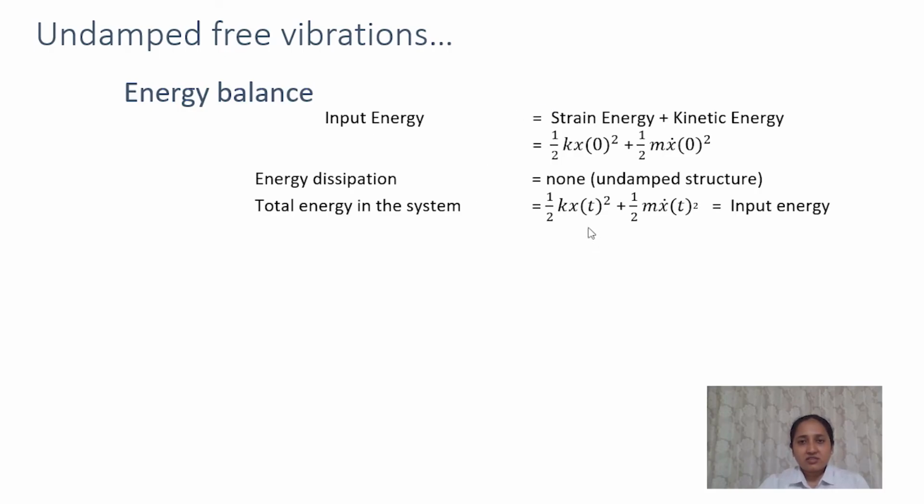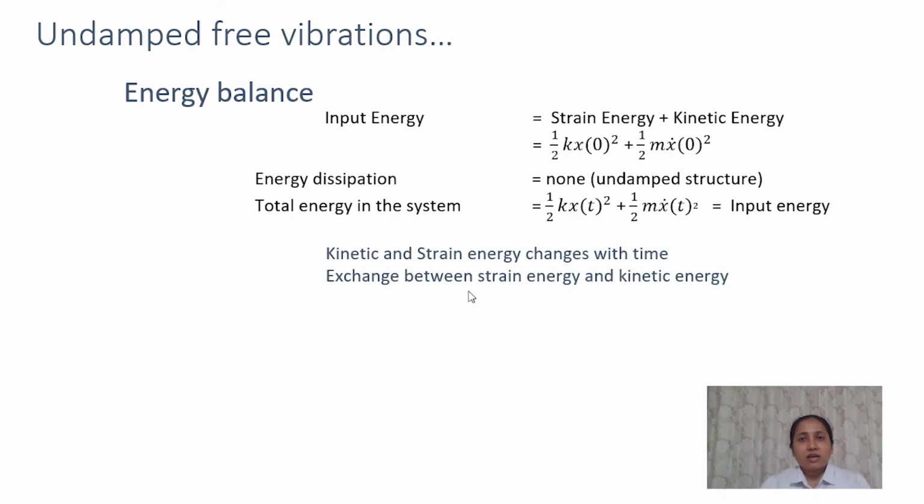But at each instant, the amount of strain energy and kinetic energy will change, because x(t) will change with time and x dot (t), the velocity, will also change with time. So the strain energy and kinetic energy at each instant will be changing, but their sum will not change. Since there is no damping, their sum should be equal to the input energy.